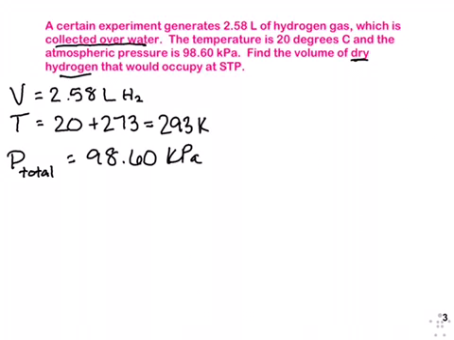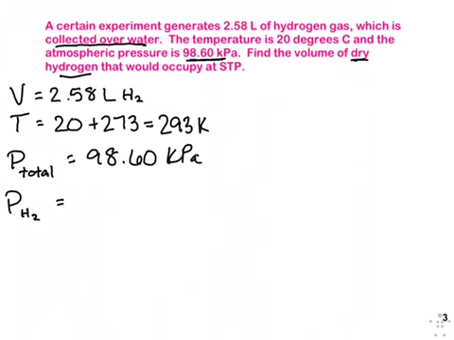And we need to figure out the partial pressure of hydrogen. And once we do that, then we can use the combined gas law to figure out the volume of hydrogen. We don't care about any of the other gases that are present contributing to this pressure. It is just asking about the volume of hydrogen.